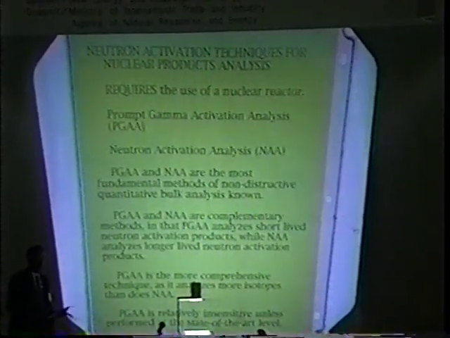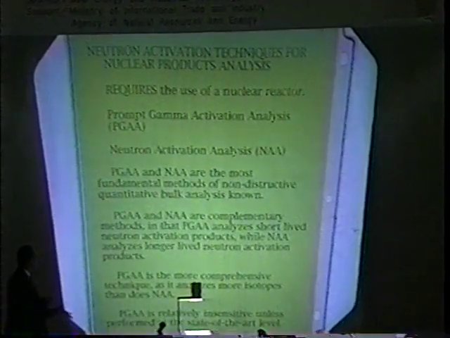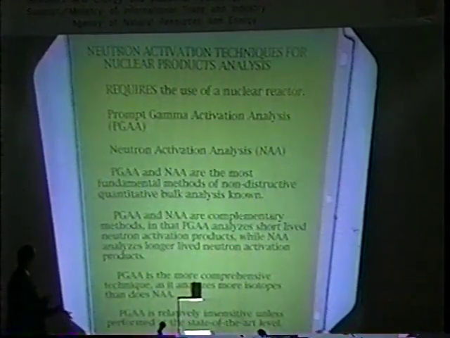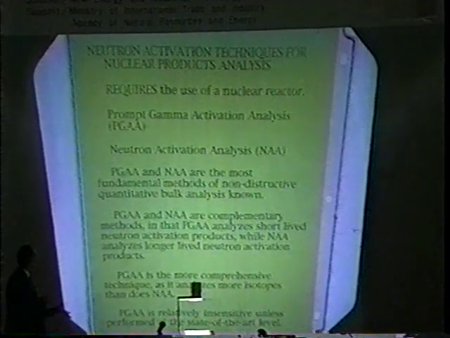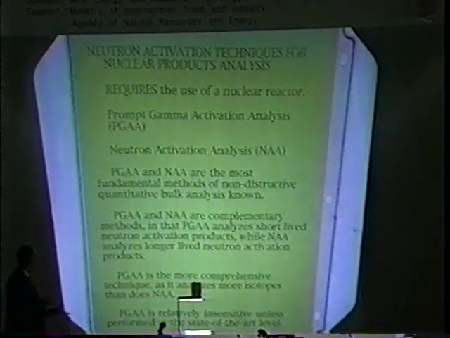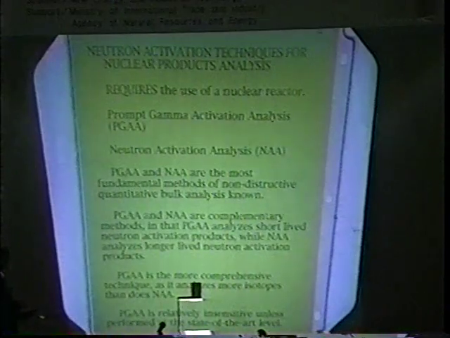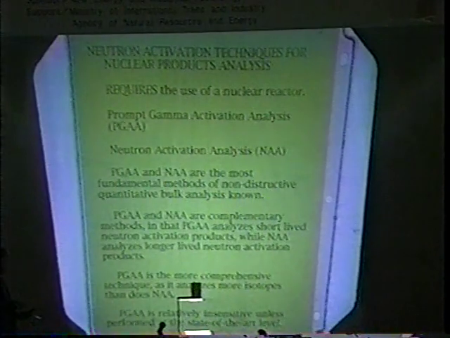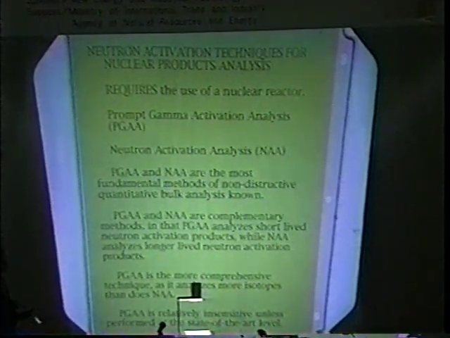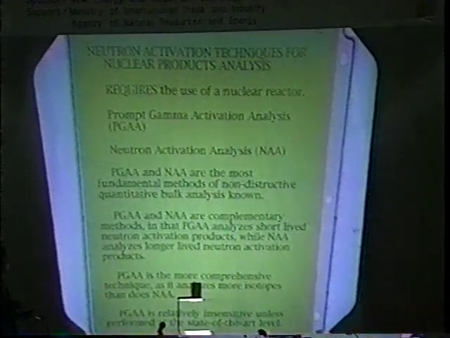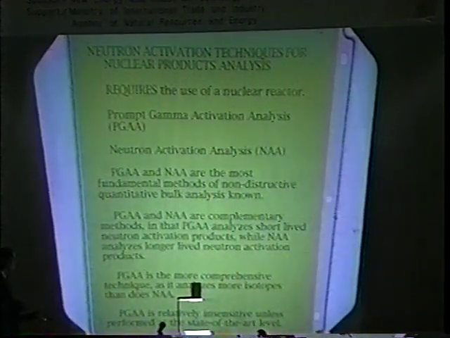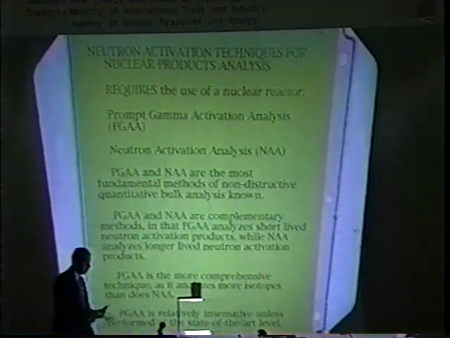This has not yet been done, but he's planning on doing it soon, using prompt gamma activation analysis, PGAA, and neutron activation analysis, NAA. They're complementary methods. PGAA analyzes short-lived neutron activation products, while NAA analyzes longer-lived neutron activation products. And so those studies are planned in the near future.